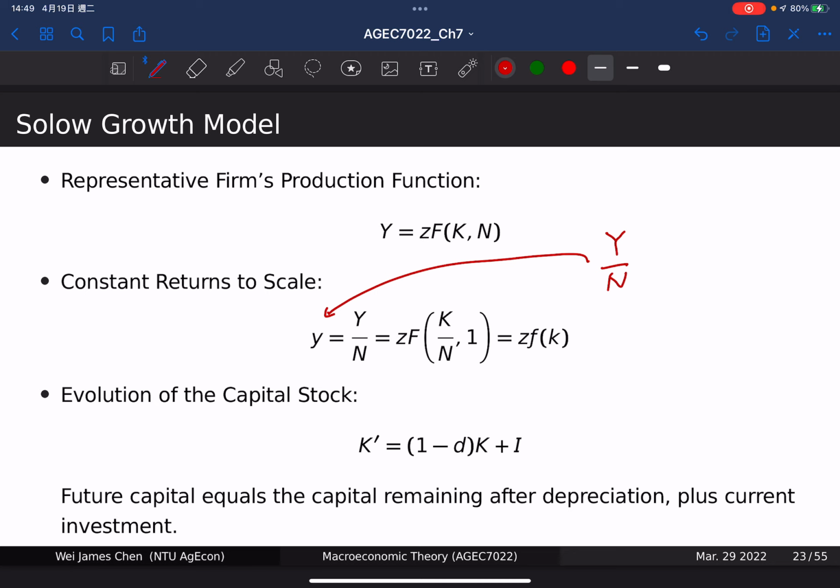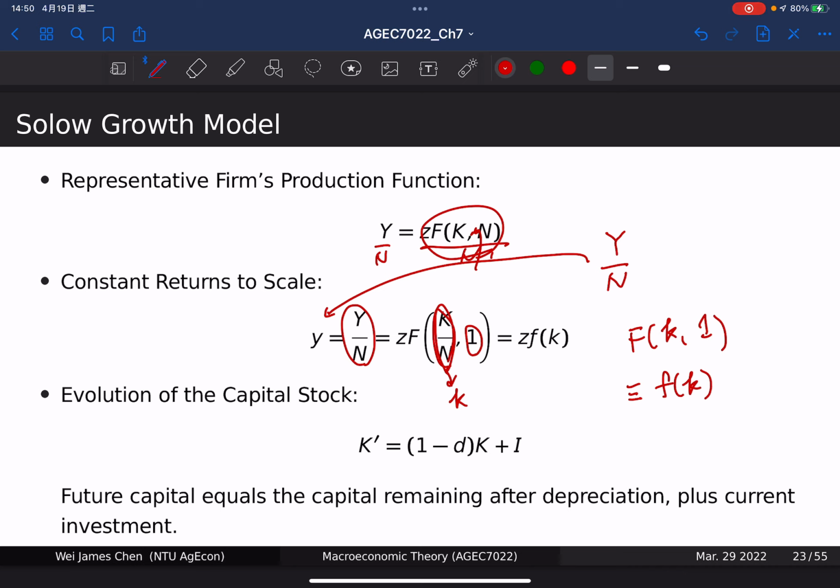Okay, so y equals Y over N, and this whole thing is divided by N, and since this is constant returns to scale, this N can go inside, so it becomes K divided by N and 1. And K divided by N is just lowercase k, right? And we can rewrite f of k, 1 as f of k.